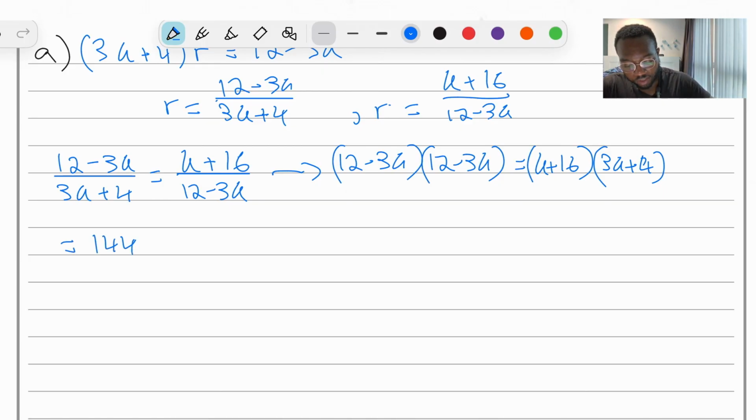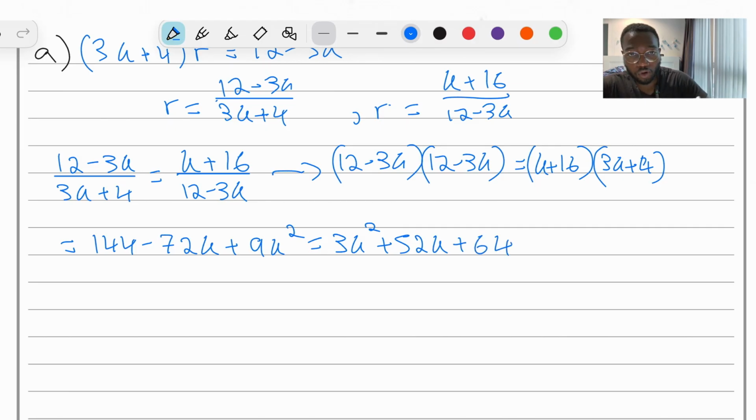We get 12 minus 36k, then another 36k, so we get a minus 72k. And then 3k, another 3k, that'll be a positive 9k squared. And that is equal to 3k squared. We get k times 4, which is 4k. 16 times 3k is 48k. 4k plus 48k is 52k. 16 times 4 is 64, okay?